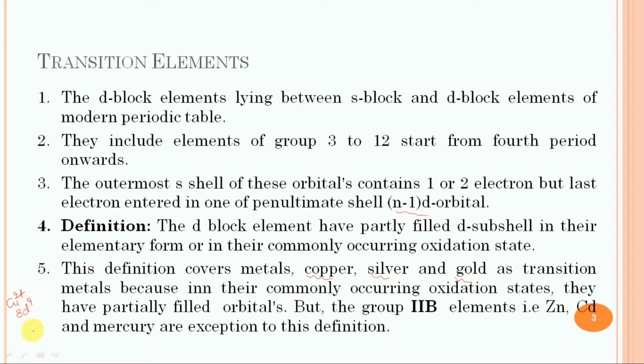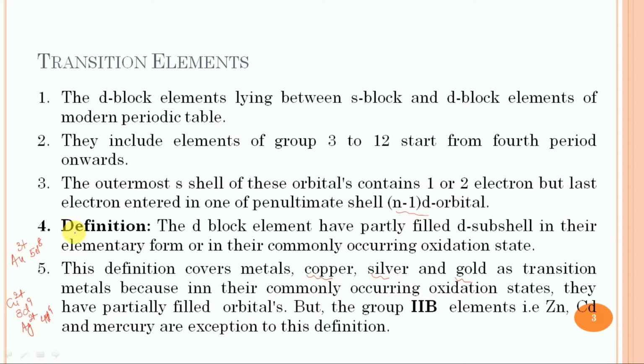Similarly, silver 2+ has 4d9 configuration, and for gold 3+, it has 5d8 configuration. Although all these 3 atoms have completely filled d subshell in their elementary states.